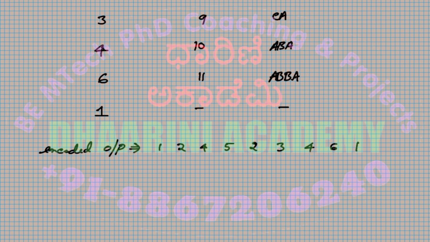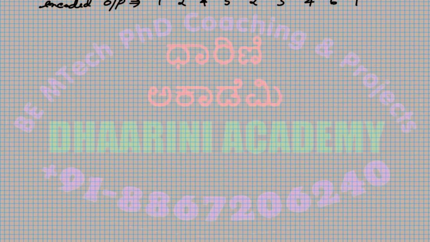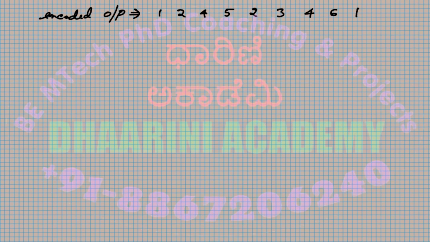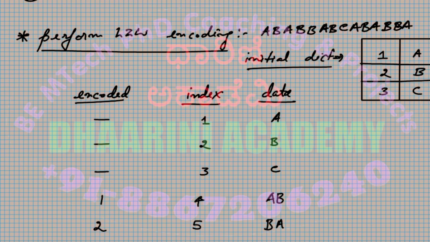Now let's go to the decoding technique. In the decoding, let's write in this way. Again, the initial dictionary will be given once again.